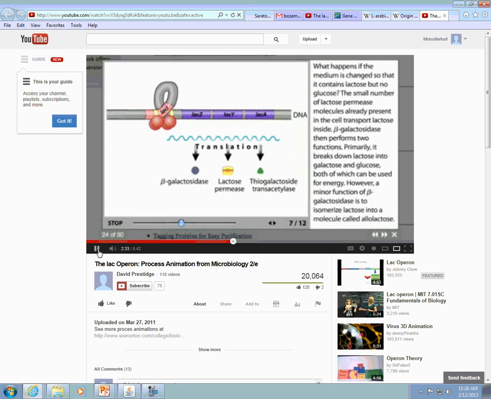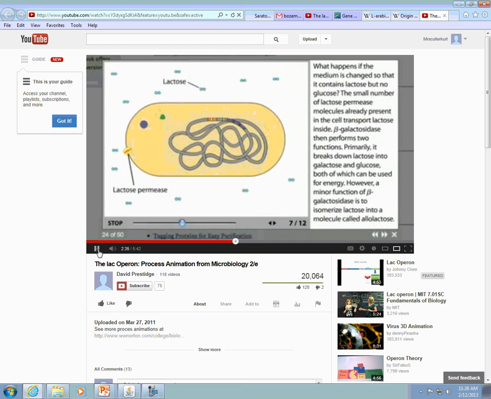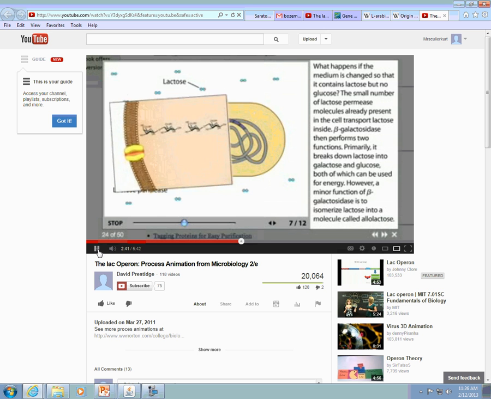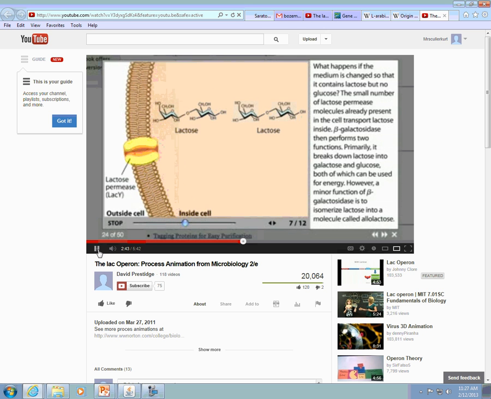What happens if the medium is changed so that it contains lactose but no glucose? The small number of lactose permease molecules already present in the cell transport lactose inside. Beta-galactosidase then performs two functions. Primarily, it breaks down lactose into galactose and glucose, both of which can be used for energy. However, a minor function of beta-galactosidase is to isomerize lactose into a molecule called allolactose.